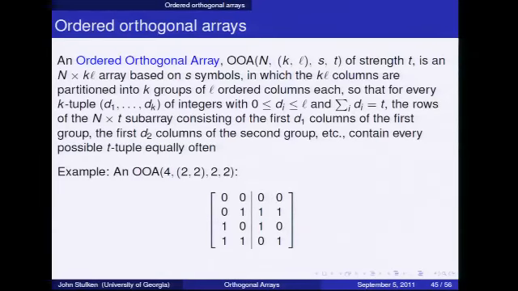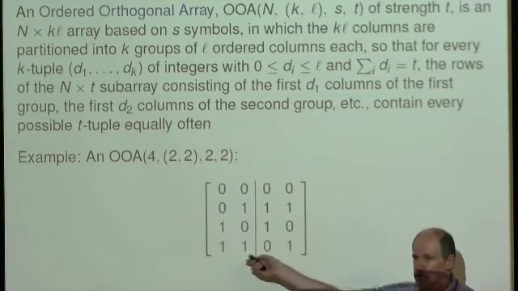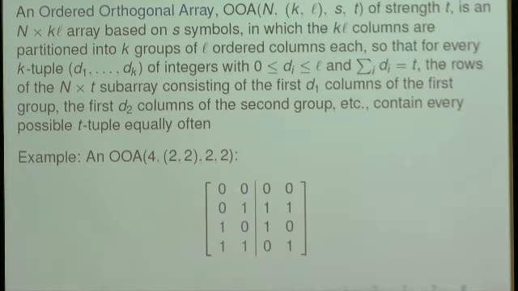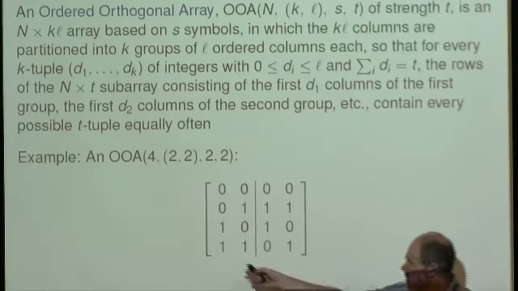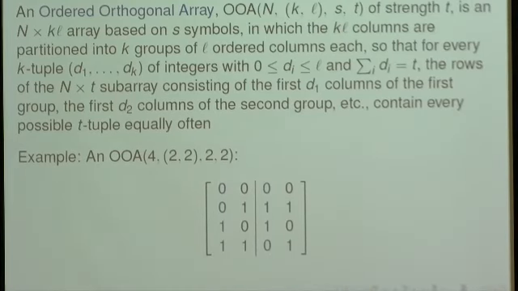But what I do demand is that the first two columns in the first group are orthogonal to each other, and they are. The first column in the first group and the first column in the second group have to be orthogonal to each other. And the first two columns in the second group have to be orthogonal to each other. So the order of the columns becomes very important here. That's for the simple example, that's the definition. You can read the definition in general.